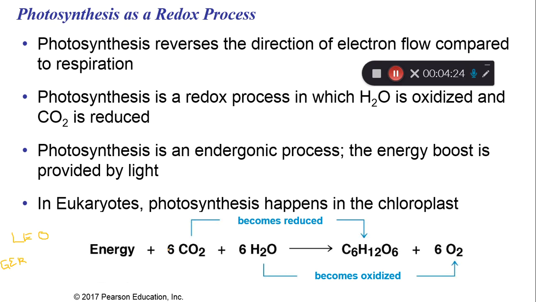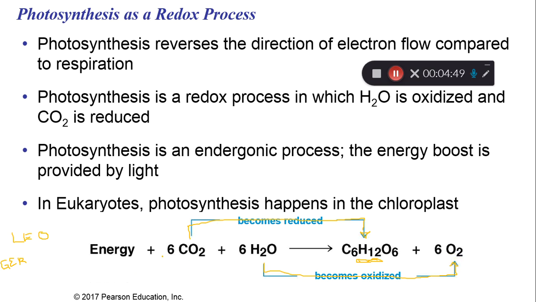In this case, carbon dioxide is going to become reduced over the course of photosynthesis, gaining electrons, or gaining hydrogens, reduction. Whereas water is going to be oxidized. Leo, lose electrons, oxidized, or lose hydrogen, oxidized.